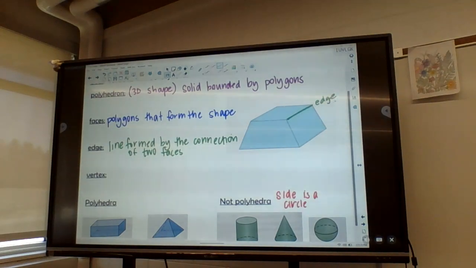I realize I should be labeling on here. So the green thing would be an edge there. This would be a face. And I always think of the edge being like, if I was gonna glue a shape together, where would I put the glue? And I'd put it right along the edge of that.